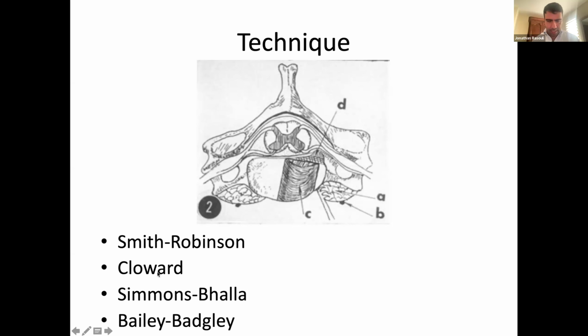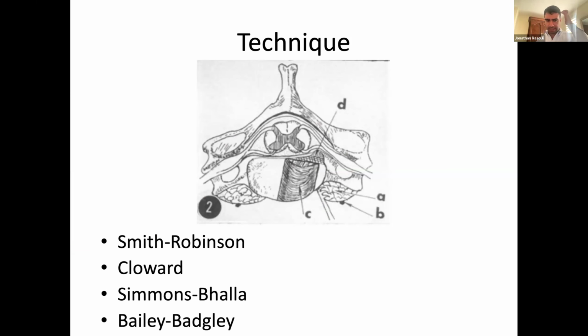What Cloward did was a very interesting technique. What he would do is take essentially a Hudson brace. Actually, what I'm showing you here is an example of the Cloward technique. He would take a Hudson brace, which in neurosurgery is a perforator.